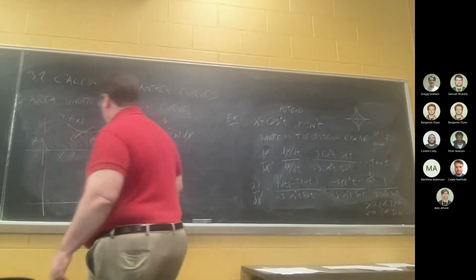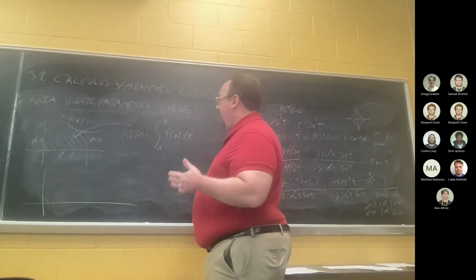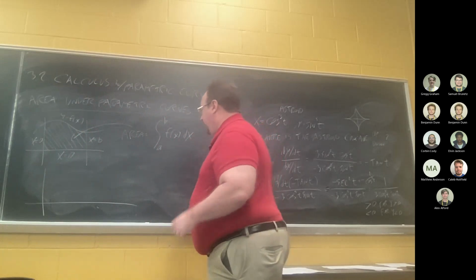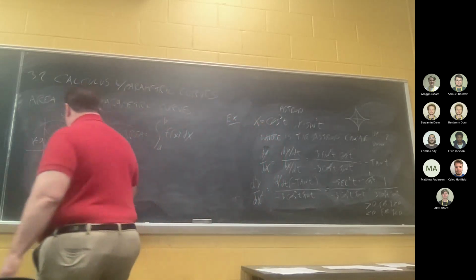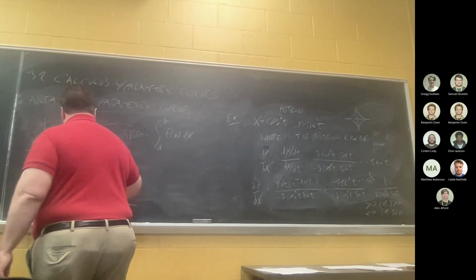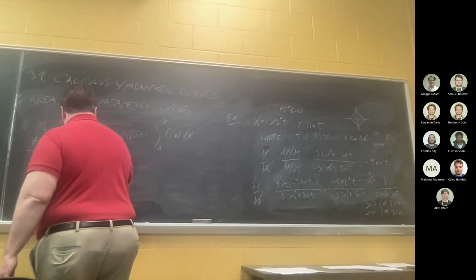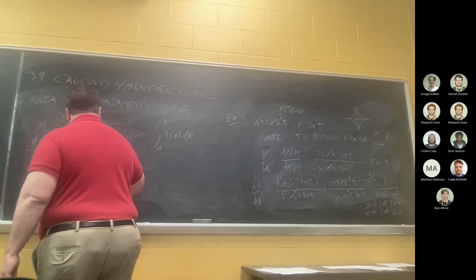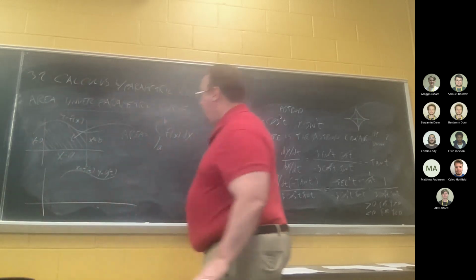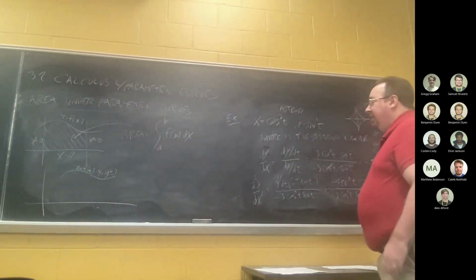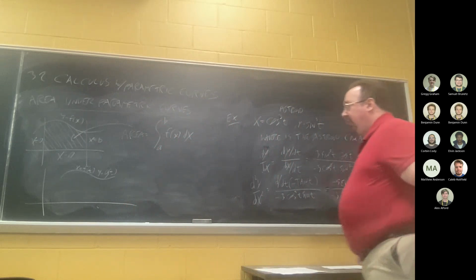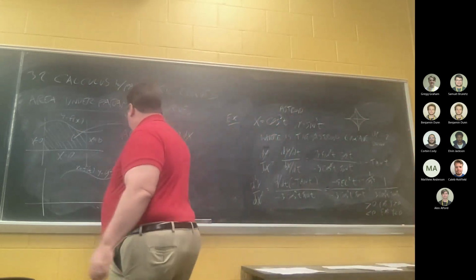All right. Now, let's look at a different scenario. Same kind of region though. So we're still looking at area above the x-axis, but now the curve in question is described by x equal to f of t, y equal to g of t. So that top boundary is now described parametrically instead of y being a function of x.